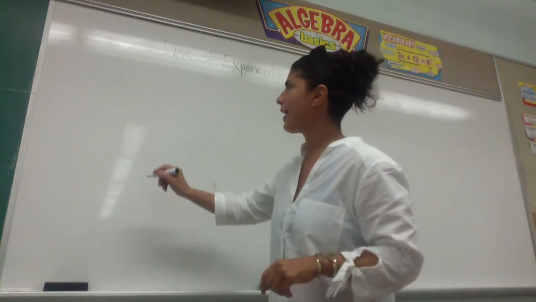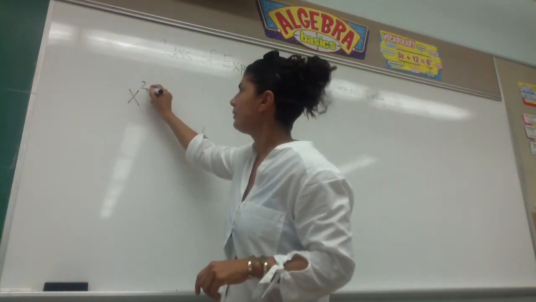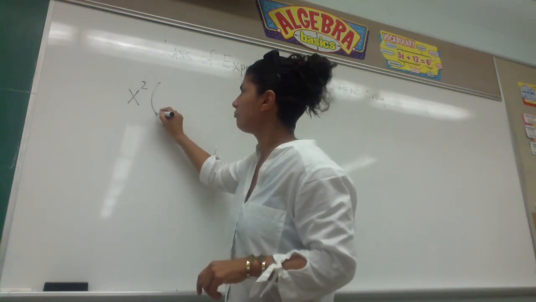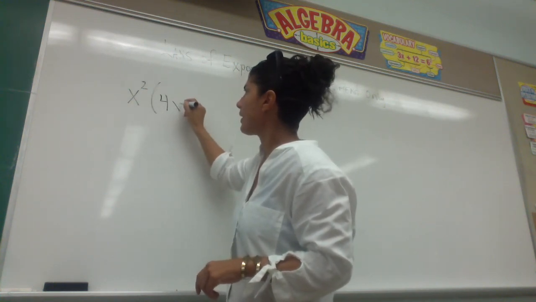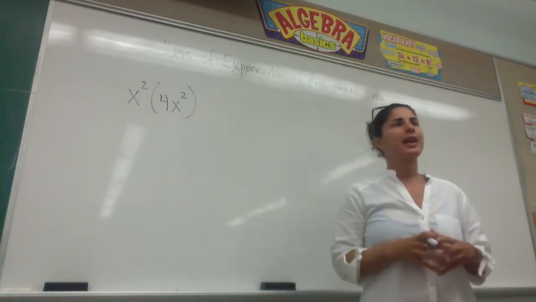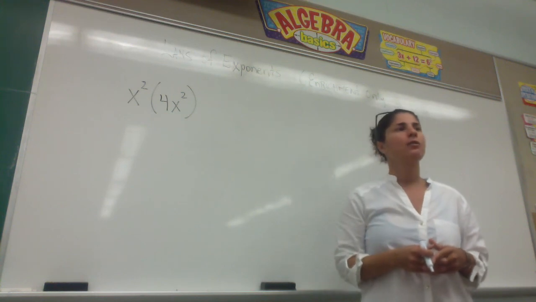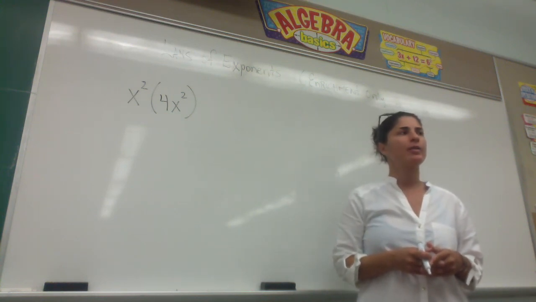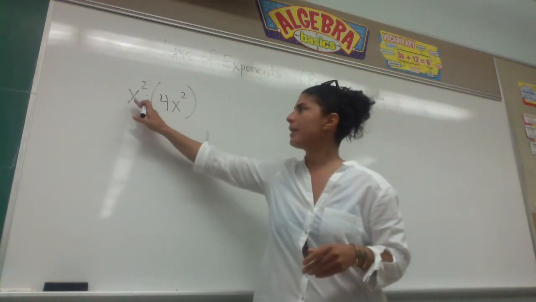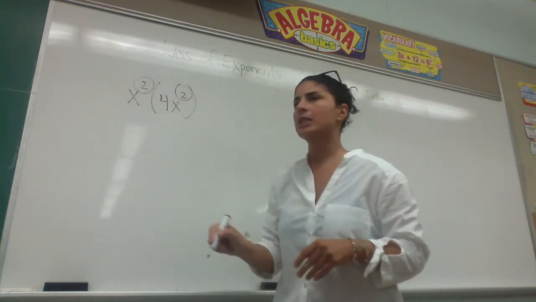So let's do a couple of examples. So what if I had x squared times 4x squared? What do I actually get from x squared times 4x squared? Remember, because the bases are the same, what can I do with the exponents?